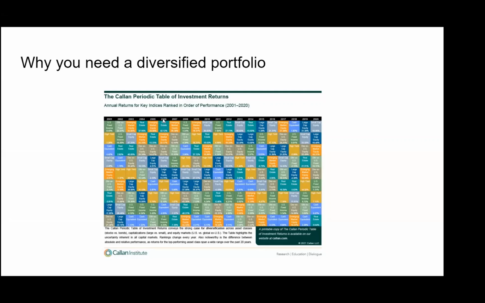For a few years, REITs had a good year, and then they kind of fell out of favor. When the BRIC countries and emerging markets fell out of favor, U.S. large caps came back in a big way, and they dominated for a few years. And you can see last year, small caps had a great year.